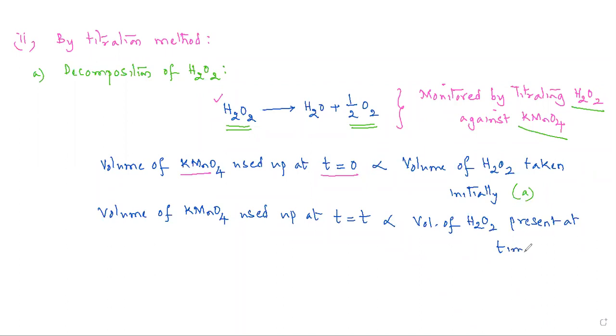Or you can say left at a time t, whatever is present at that particular time. So nothing but a minus x, because whatever is left at that particular time is going to get titrated with KMnO4. That's it. The KMnO4 will react with whatever amount of hydrogen peroxide is present at that time. At time t is equal to 0 it will give us the initial volume of hydrogen peroxide.